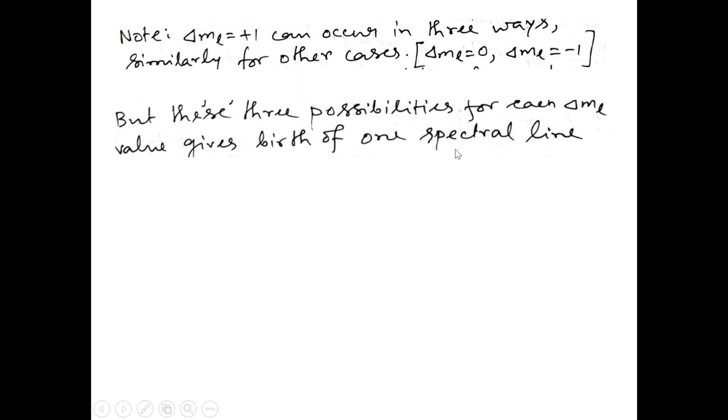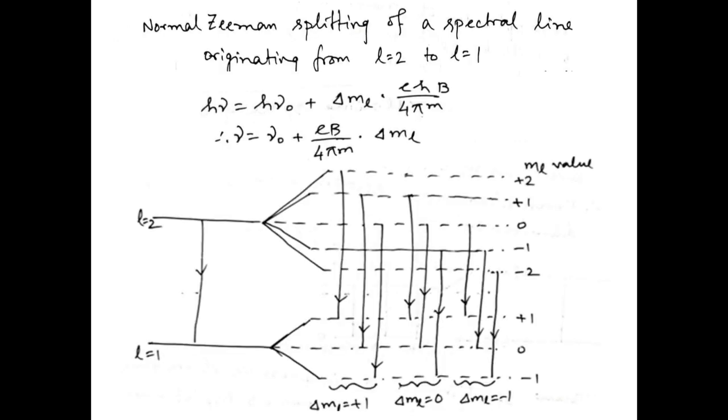So if we go back to the previous diagram, see delta ml plus 1, it is actually occurring in three ways. Follow the cursor. When plus 2 to plus 1, change in delta ml plus 1. When plus 1 to 0, again delta ml plus 1. When 0 to minus 1, again delta ml plus 1.